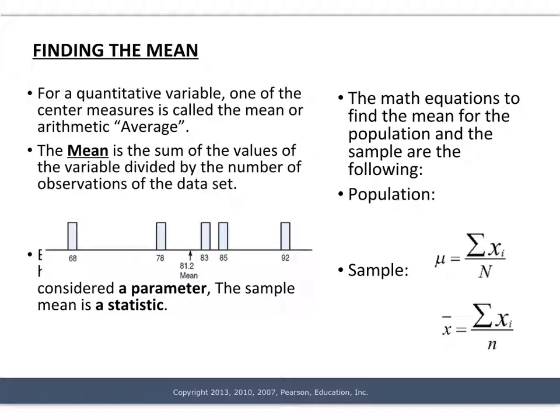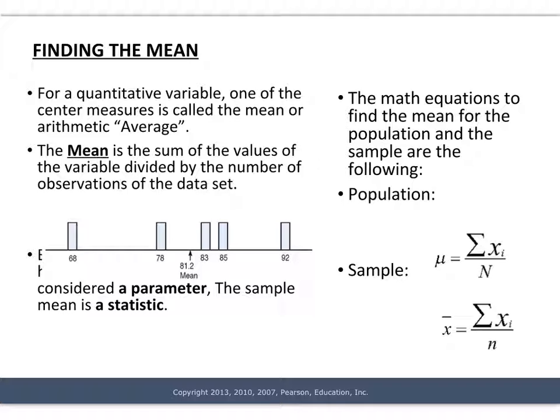So in the example below, we're looking at 5 different data values: 68, 78, 83, 85, and 92. And the mean value we found, if we add those numbers up and divide by 5, is 81.2. It turns out that this particular value is the mean of the sample.